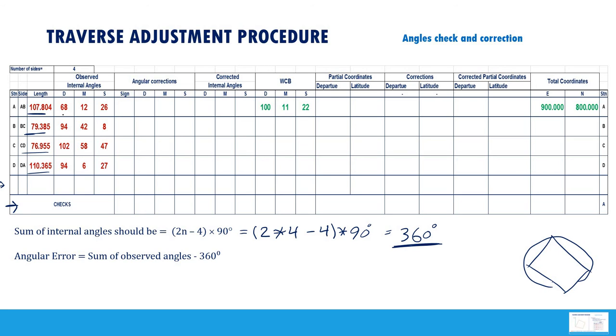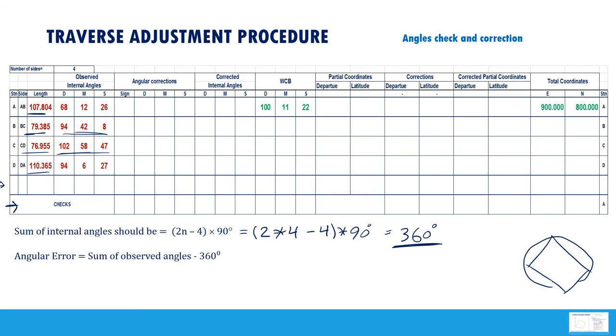So the first angle, 68 degrees, 12 minutes 26 seconds, plus 94 degrees, 42 minutes 8 seconds, plus 102 degrees, 58 minutes 47 seconds, and finally 94 degrees, 6 minutes 27 seconds.